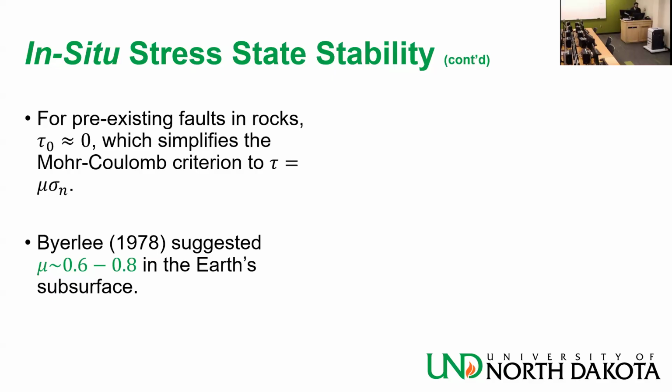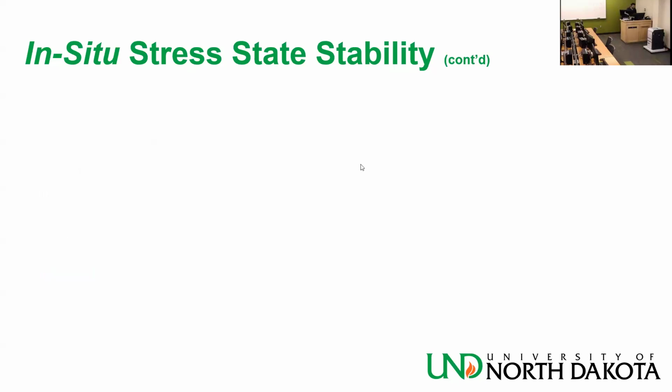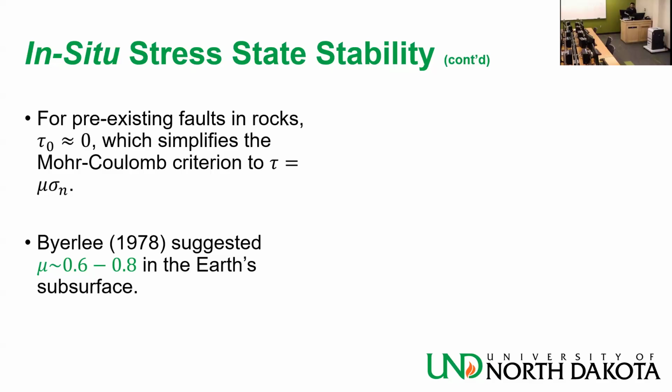He helped us simplify that equation even further. It reduced the equation to something like tau equals 0.6 sigma n, or 0.8, something between those.